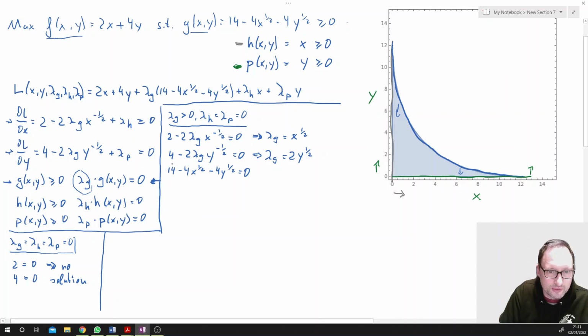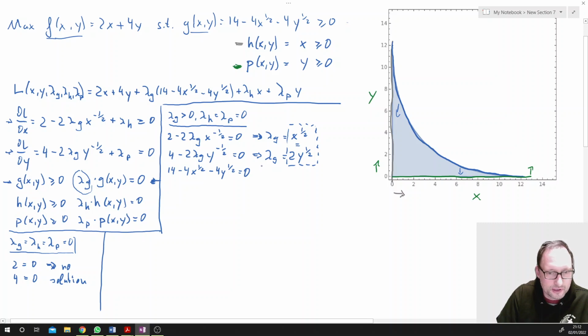I see we have a 4 here and here 2. That's where the 2 comes from, because we divided by 2. 4 divided by 2 is 2. So now we can set these two equal. So we know that x to the half is equal to 2y to the half.